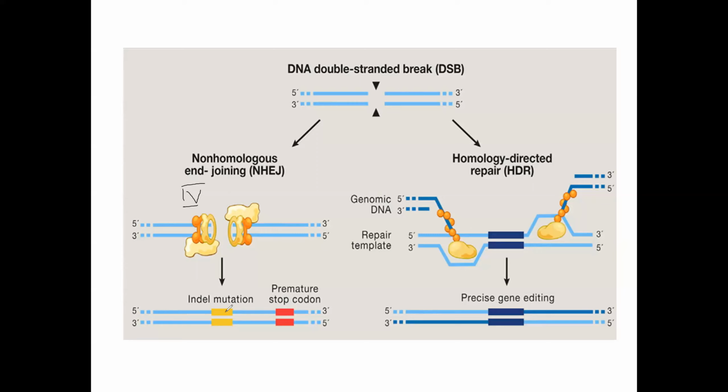And these insertions and deletions, what will happen? If the insertions or deletions are in the coding sequence, it will lead to a frame shift, right? The reading frame shift will happen, and this reading frame shift will introduce premature stop codons. Okay, so as a result of premature stop codons, you'll end up having non-functional or truncated versions of your protein, which will generally be non-functional.